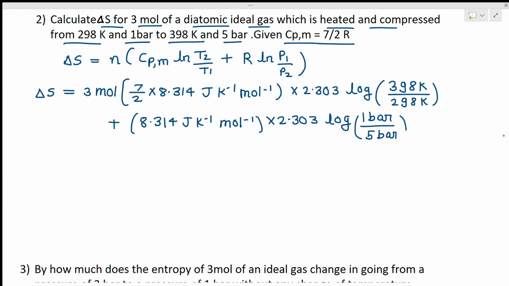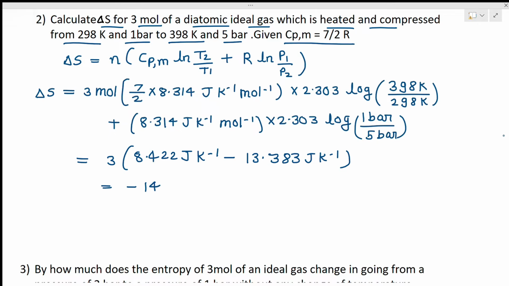Now you can solve this. You will get 3 into 8.422 joule per Kelvin minus 13.383 joule per Kelvin. So your answer will be negative, minus 14.833 joule per Kelvin. This will be your entropy change.